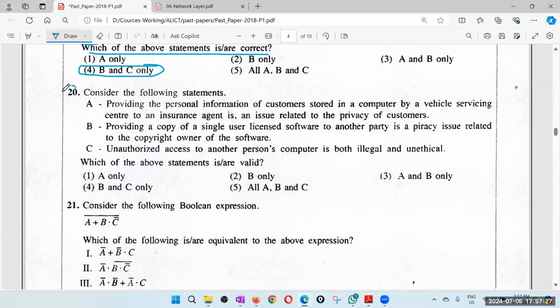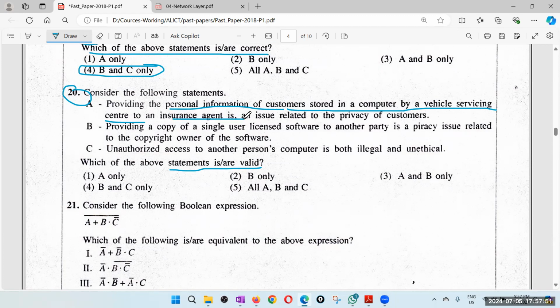Right. 20. Consider the following statements. So this is about ethics, security and privacy. Which of the above statements is valid? Providing personal information of customers stored in a computer by a vehicle servicing center to an insurance agent is violating privacy.